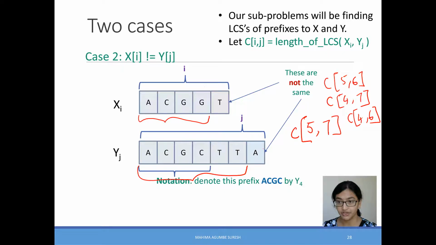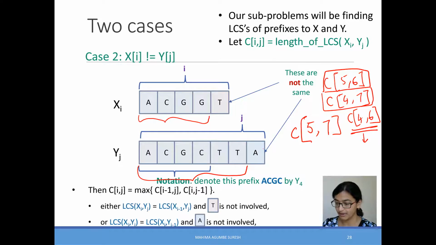Can we leverage this information? We can't go from here onwards because we can't add 1 to our substring. But we can look at these two subproblems that we had previously solved to come up with the solution for c of 5 comma 7.